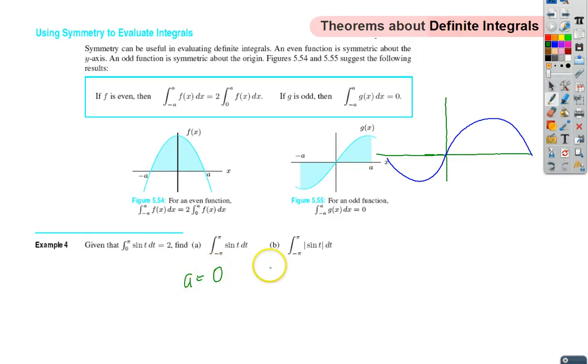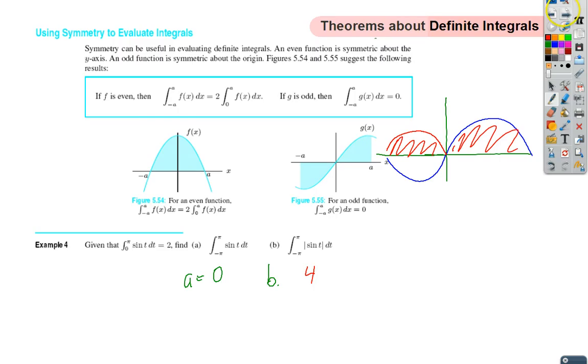For part B, now it's the absolute value. If it's the absolute value, everything is positive, which means this is what I have here. Now it's like an even function, so it's twice what I had. They're telling me from 0 to pi it's 2, so therefore my answer is 4.